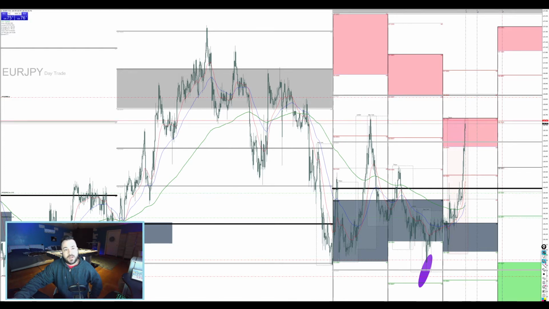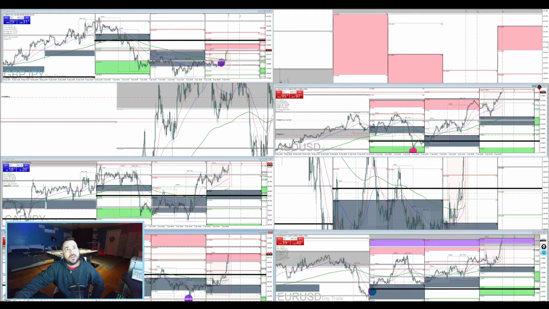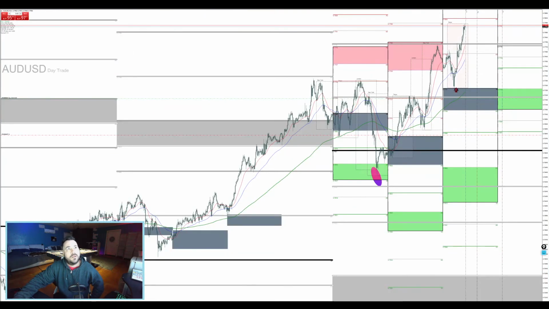But yeah, I already have my reduced risk stops on there. I already have this one and this one, so yeah, sitting good there too. Just the Australian US dollar, this one right here.